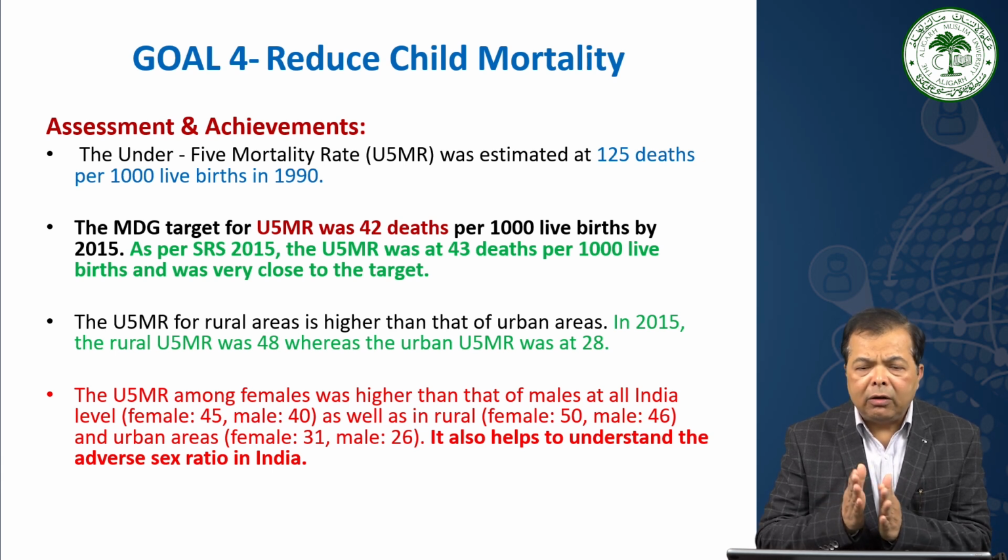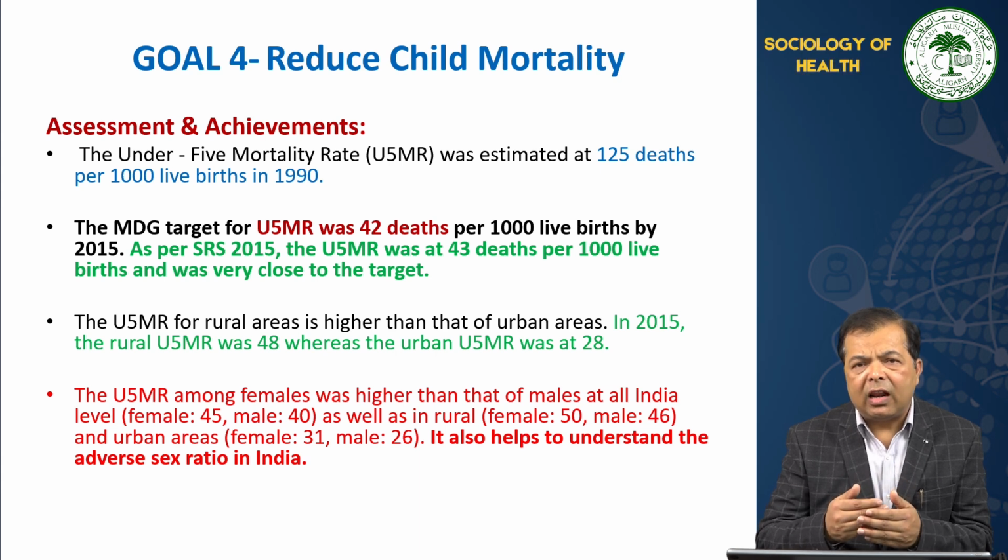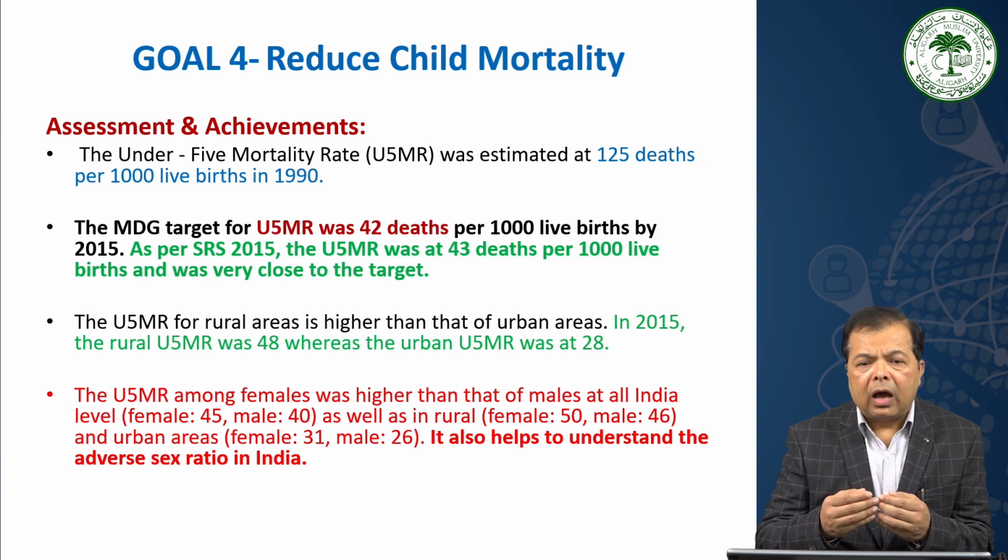Now, when we look at the gender aspect as well as the spatial aspect, we get to know that rural females have almost double the figure of urban males, right? Among males and females, the females have the worst performance, and between rural and urban, the rural has the worst performance.